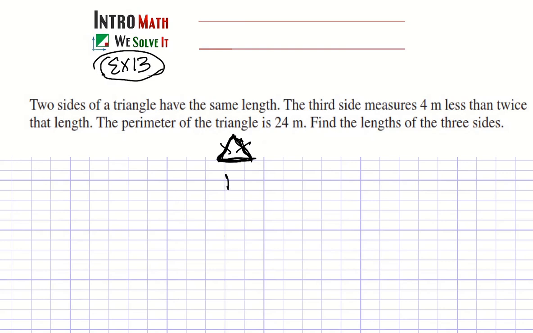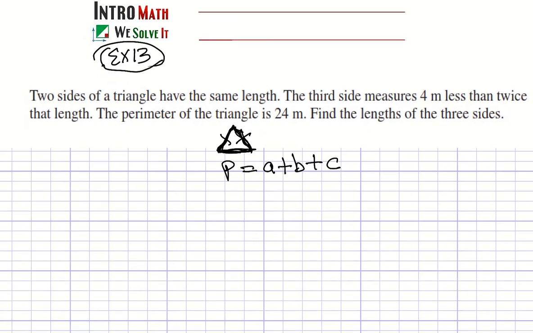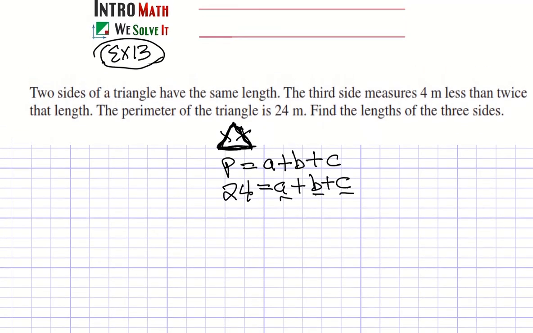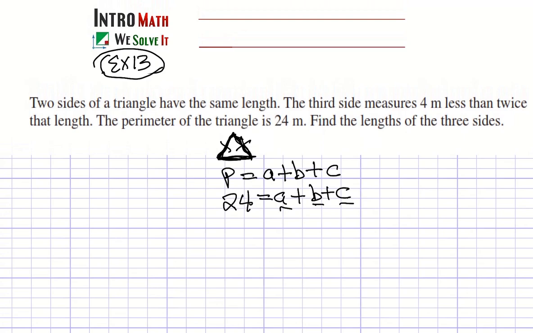But we know that the perimeter of the triangle, A, B, C, these are the sides of the triangle, right? We are given 24 is equals to A plus B plus C. We need to determine all these sides, and he said two of them are equal, right? Two sides of the triangle have the same length.